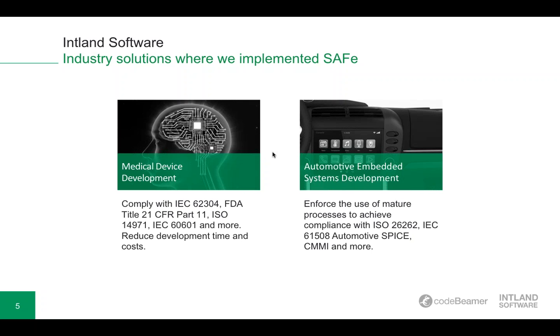On that background, we successfully implemented the Scaled Agile Framework in the medical and also automotive industries. In the medical industry, for example at Medtronic, Codebeamer helped to comply with IEC 62304, FDA Title 21 CFR Part 11, also ISO 14971, IEC 60601, and more standards, even while reducing development time and costs at the same time.